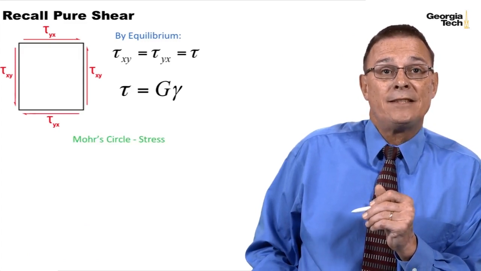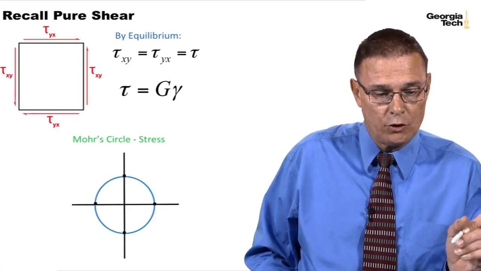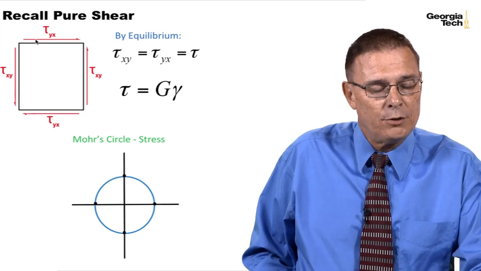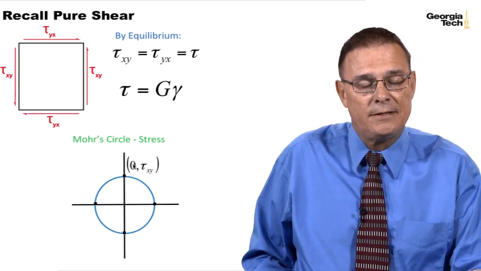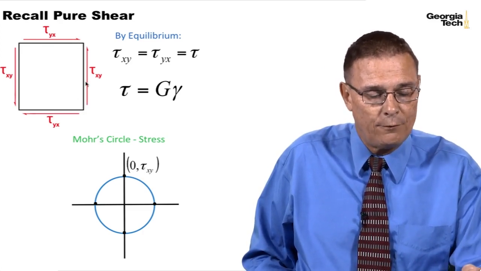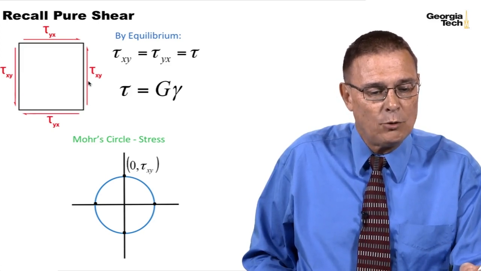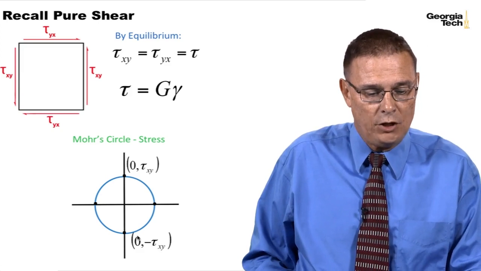And so let's now, for this case of pure shear, draw Mohr's circle for stress. For the horizontal face, I've got a clockwise rotation, so that's going to be 0 and positive tau xy. For the vertical face, I've got 0 for my normal stress and negative tau xy for my shear stress.